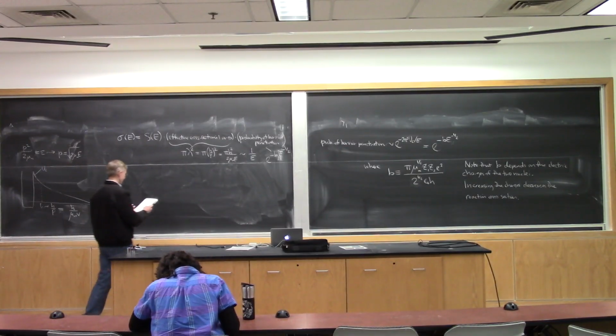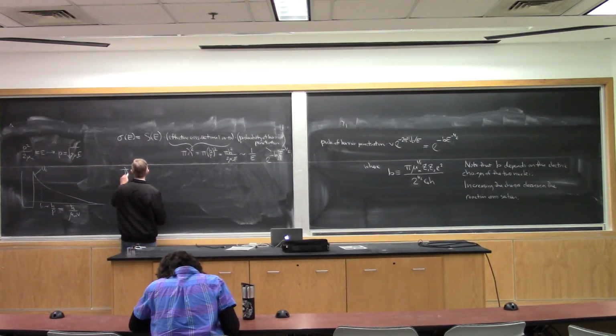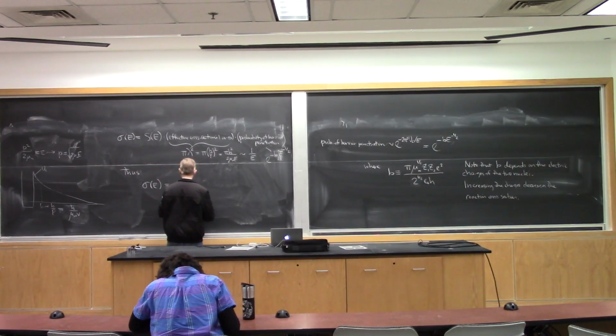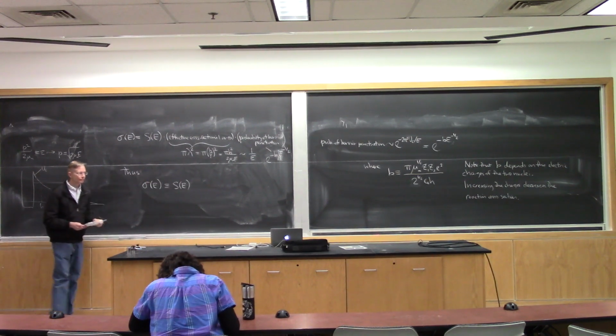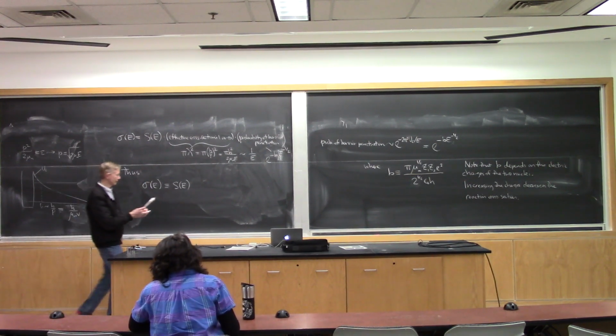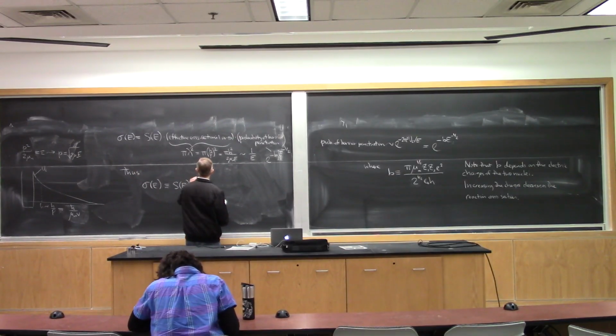And so if we put this all together, we are saying that the interaction cross-section for fusing is that slowly varying function of energy times e to the minus b energy to the minus 1/2 divided by e.